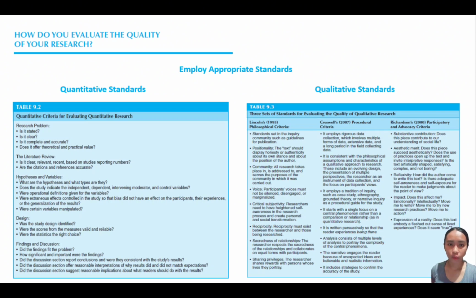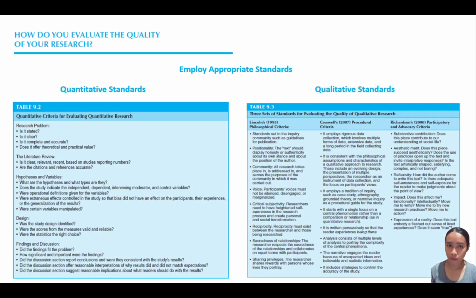So let us now proceed to table 9.3, which lists the three sets of standards for evaluating the quality of qualitative research. Let's examine the three sets of criteria developed by three authors within a 6 year time frame.